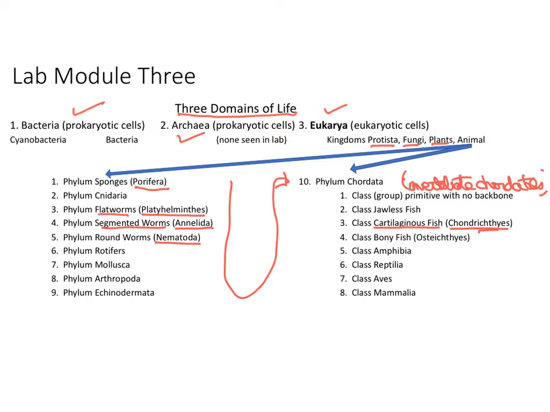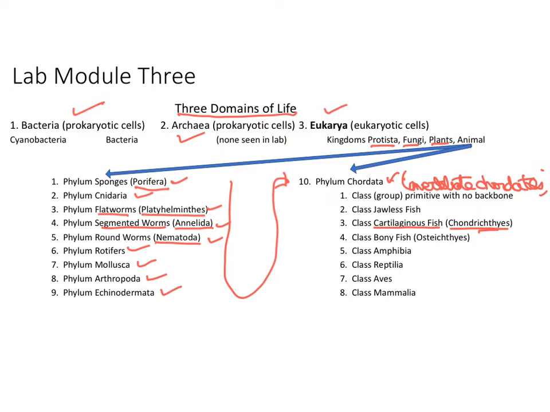Okay, so just to repeat, real quickly here, we'll be talking about sponges, the cnidarians, the flatworms, the segmented worms, the roundworms, rotifers, molluscans, arthropods, the echinoderms, and lastly, the chordates.